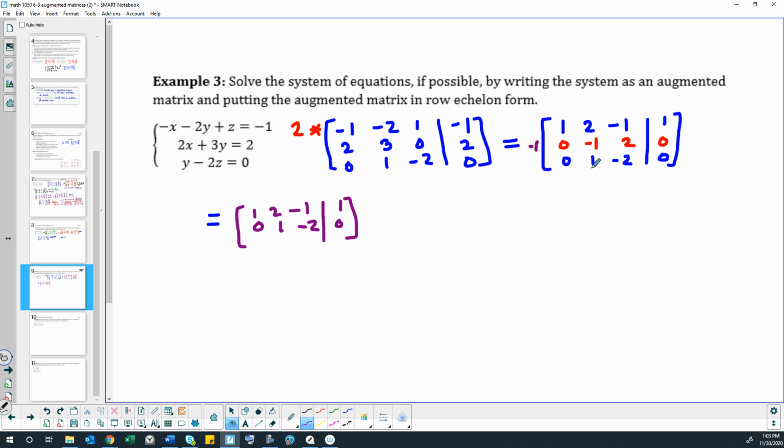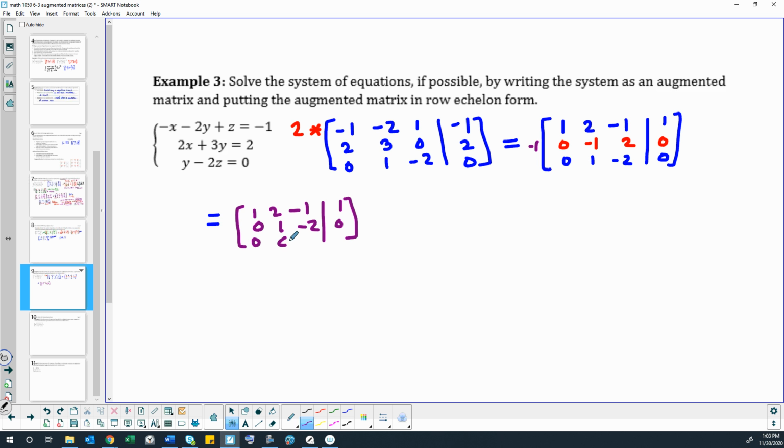Then for our bottom row, we want a 0 here. So I think I'm just going to look back at this step here, ignore the new row I just made, and ignore that -1 I just multiplied by, and just add these together. So -1 plus 1 is, well, 0 plus 0 is 0.